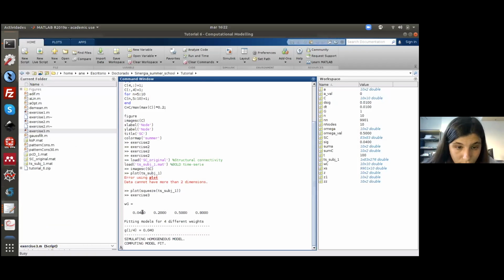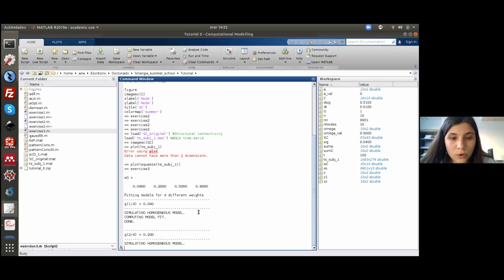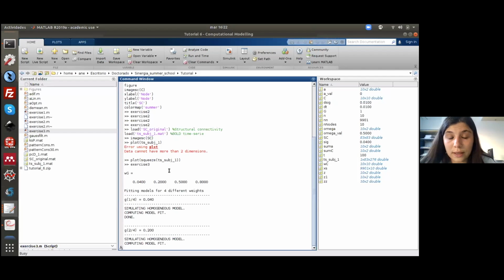As I said, we have 4. In this case, we have 0.04, that is a very low global coupling. Then we have 0.2, then 0.5, and also an extreme case where we have 0.8. These are more or less the global couplings that we used in the previous exercise.